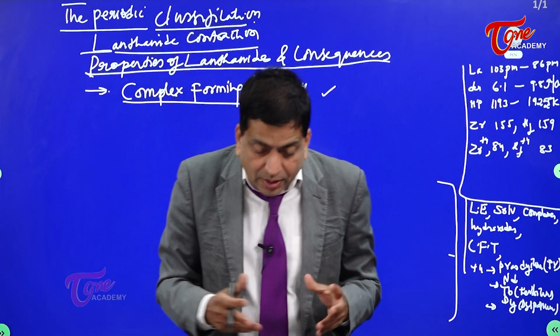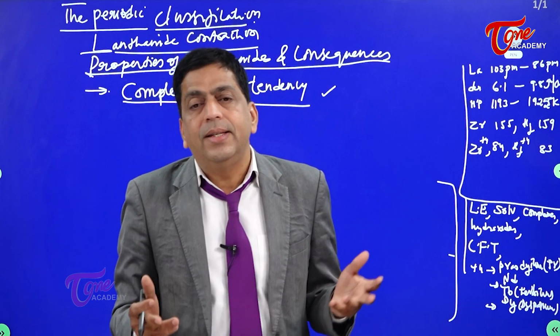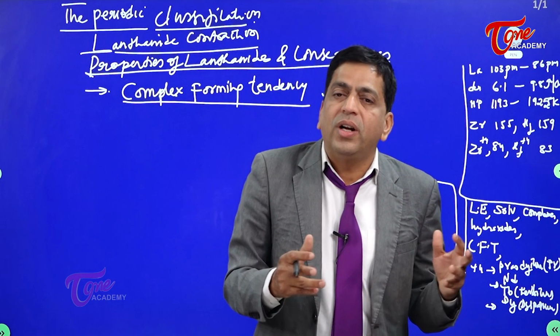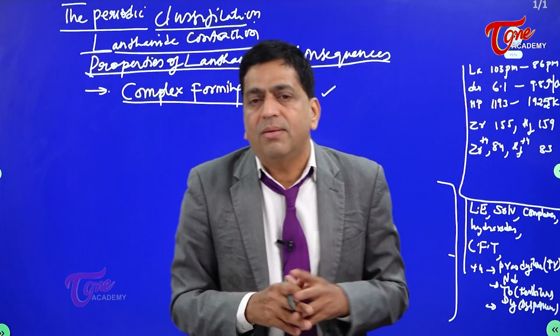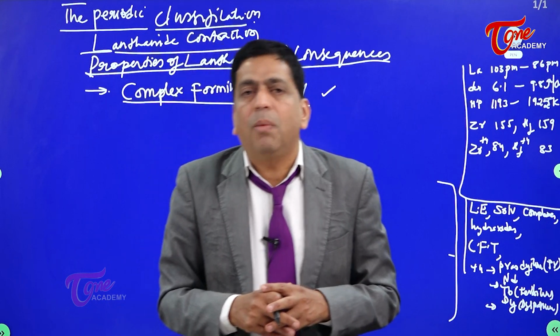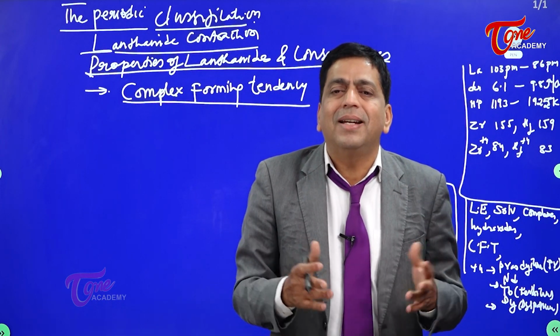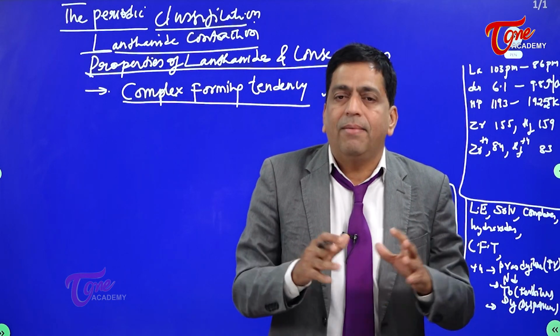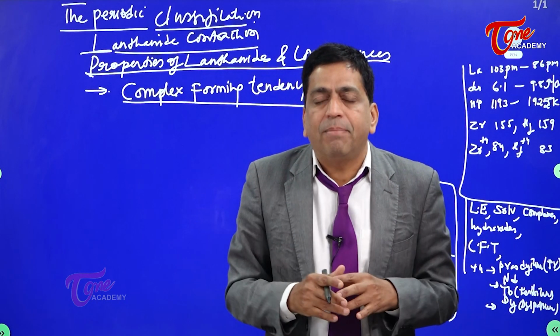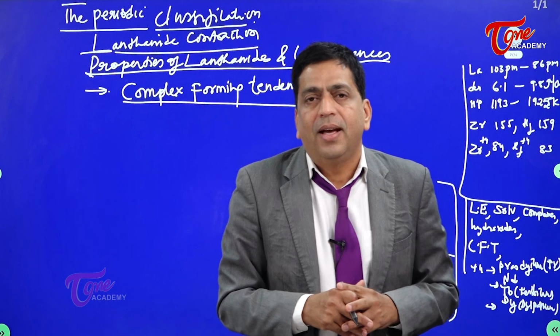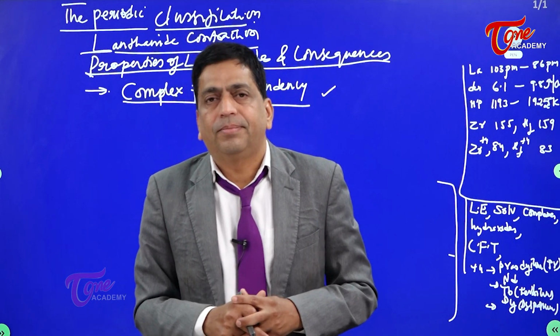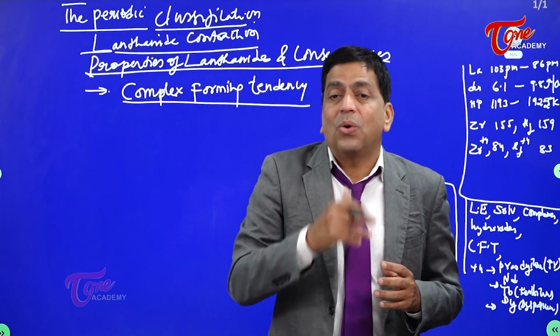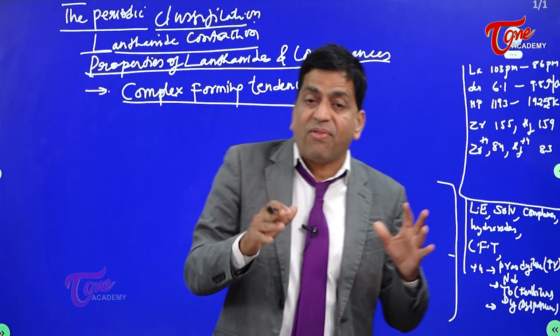So if this is the diverse nature of this tendency, then it is prudent on our part to investigate what factors complex forming tendency basically depends on. Then we would like to connect this concept to the lanthanide contraction, and hence the question. So complex forming tendency, what are the factors?